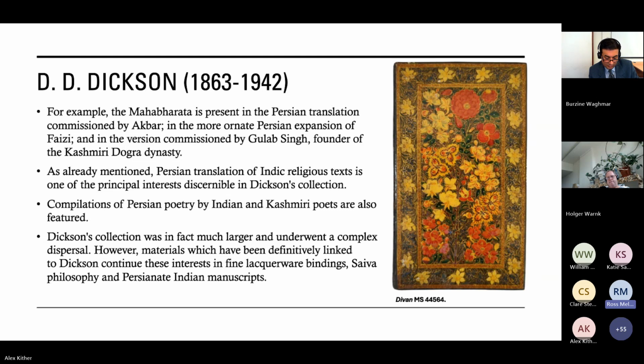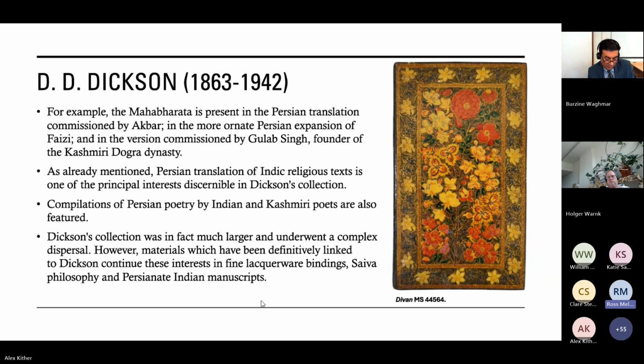So in the Persian translation commissioned by Akbar, which was quite a sparse, literal translation, in a more rhetorically ornate Persian expansion by Faizi, and in a final version connected more directly to Kashmir, which was commissioned by Gulab Singh, who was the founder of the Dogra dynasty, which was still ruling when all our figures were in Kashmir.